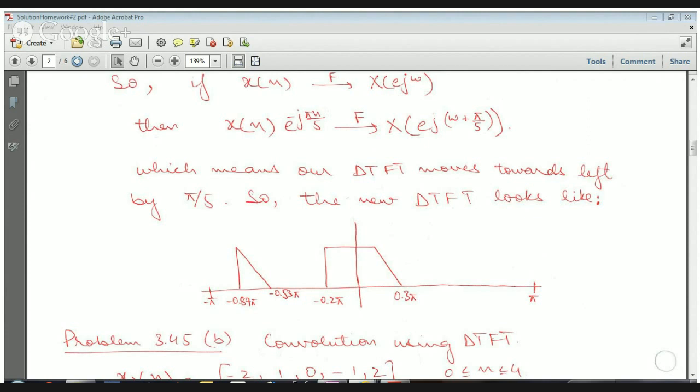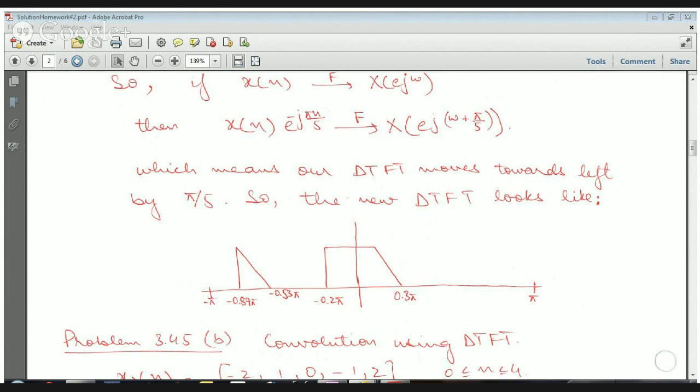So if you use that property, what you get is X of e to the j omega plus omega naught. In this case, my omega naught is pi by 5. So what this means is that the whole spectrum will be shifted to the left by an amount of pi by 5.